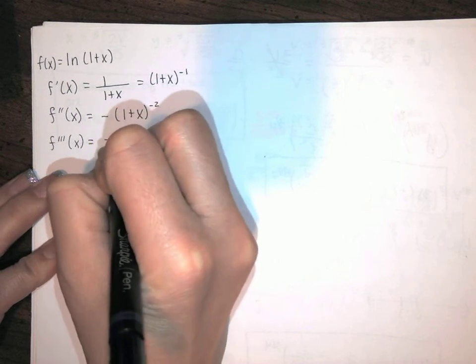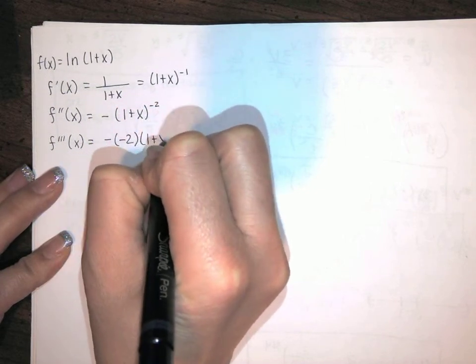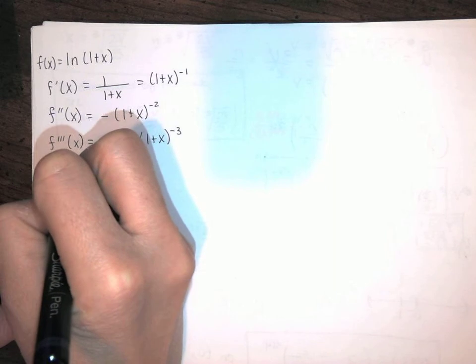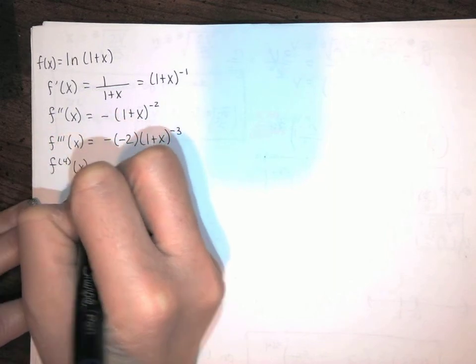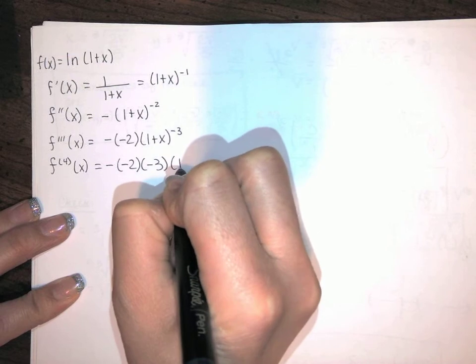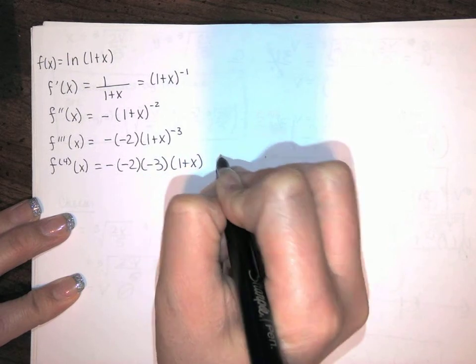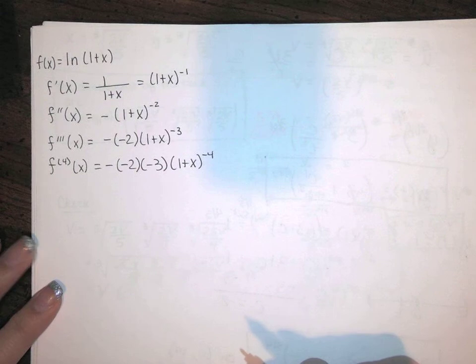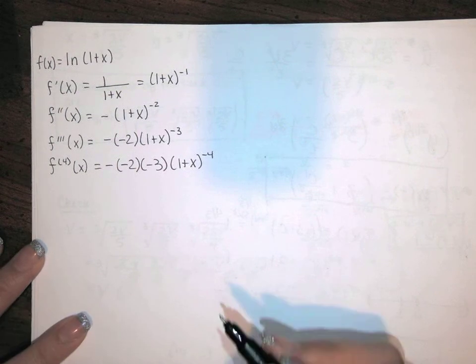We have a negative 1 times negative 2, x plus 1 to the negative 3. You see the pattern? Fourth derivative, negative 1 times negative 2 times negative 3, x plus 1 to the negative 4. I think I already see the pattern.